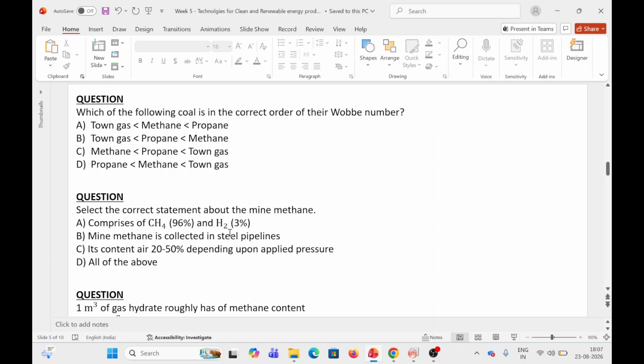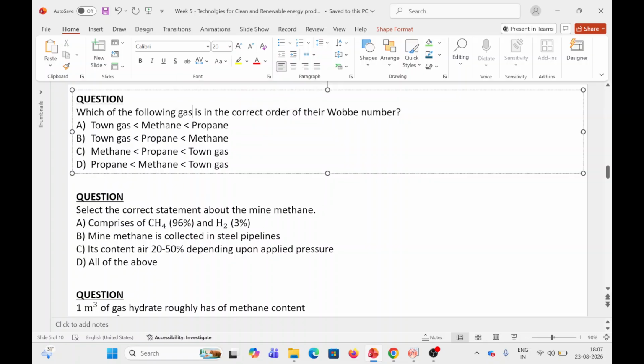Which of the following gases is in the correct order of their calorific value? The comparison is between methane, propane, and town gas. So which of the following gases will be the correct order of their calorific value?